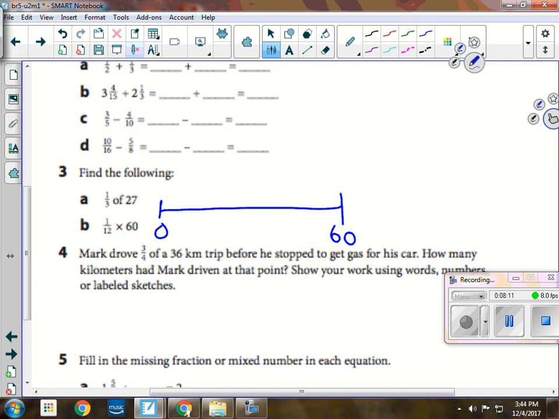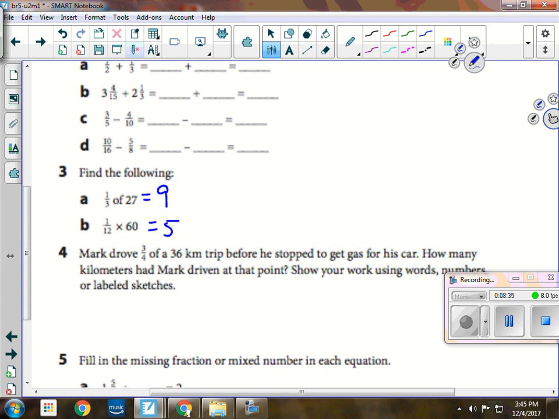I'm going to break 60 up into 12 parts. 5 times 12 is 60. So each one of these is worth 5. And if you go all the way across, 12/12 of 60. We only need 1/12. There's our answer, 5. So this one was 9, and this one was 5.